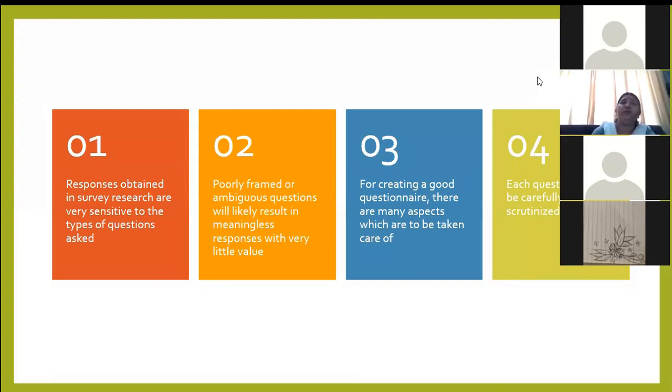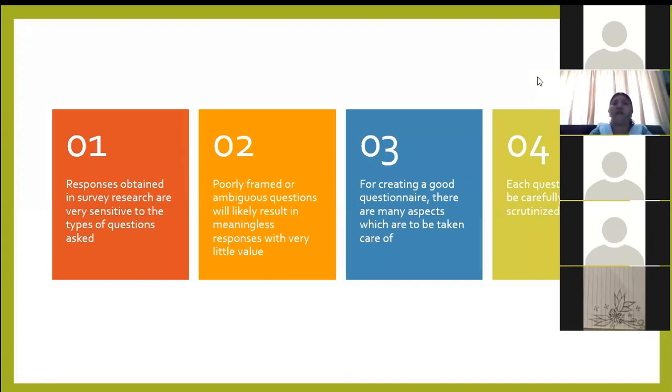Then you have to remember that responses obtained in a survey research are very sensitive to the type of questions that we ask. So the type of questions that we ask is very important, and responses most often depend upon the type of questions that we ask.